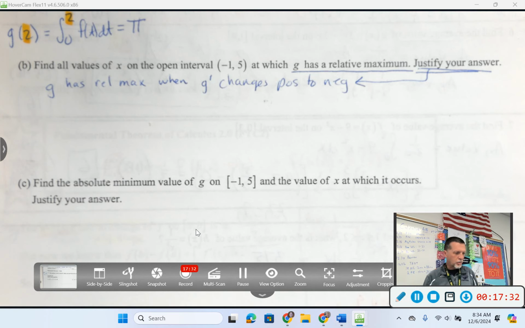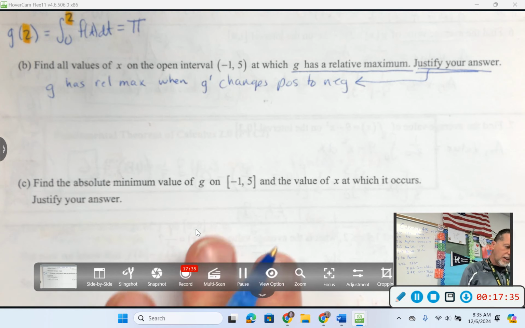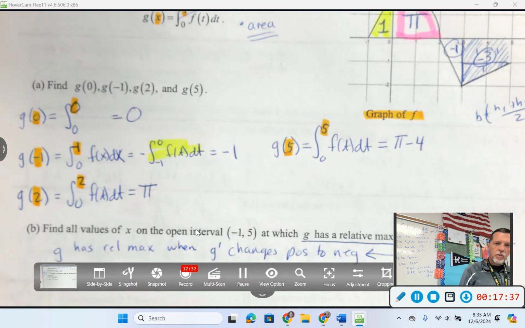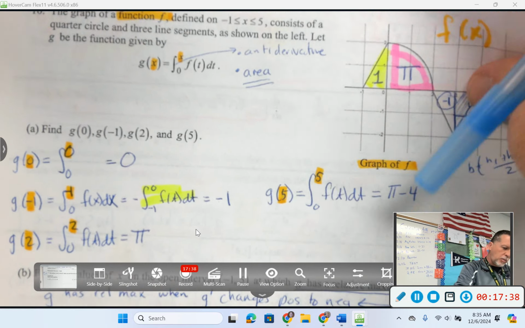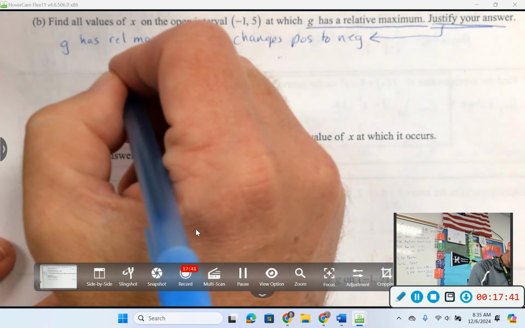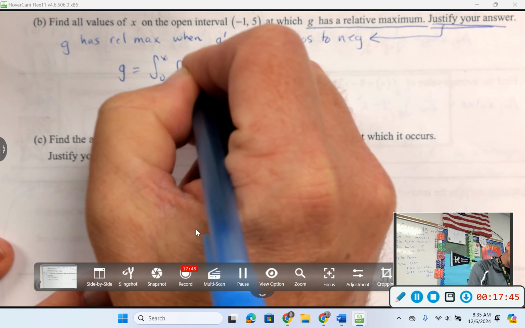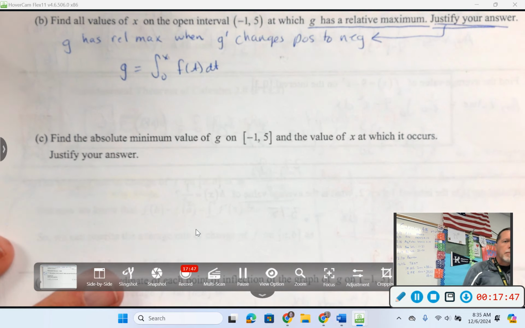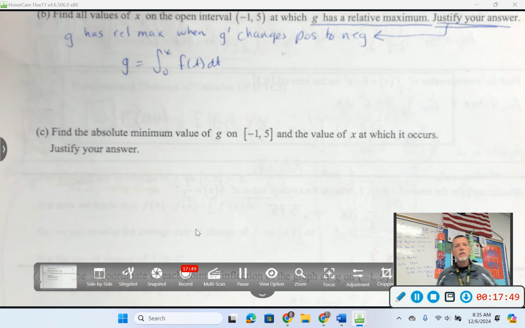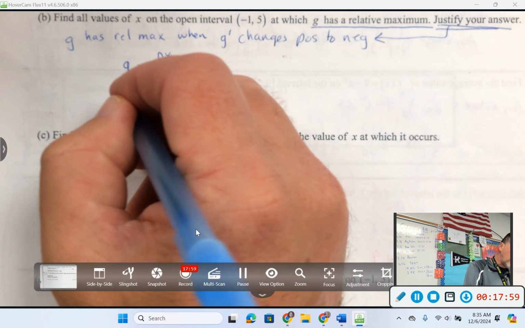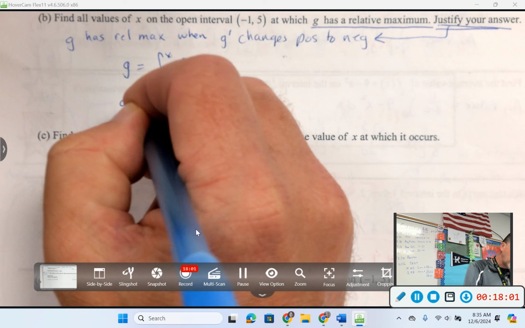Now let's go to this problem in particular. I don't really have G prime. I've got G, but I would like G prime. G is this. I'm just copying this down. That's what G is. So how would I get G prime? Take a derivative. Derivative of the left is just G prime. That's why we did this.